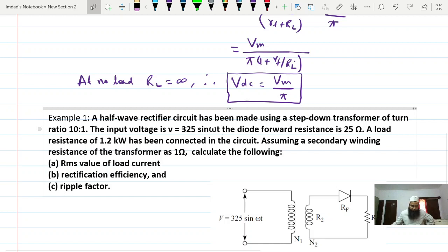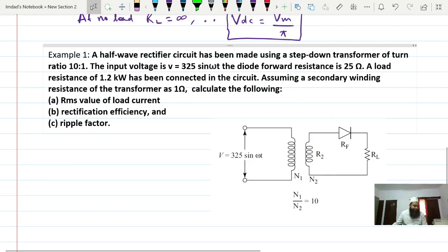A load resistance of 1.2 kilo ohm has been connected in the circuit. Assuming a secondary winding resistance of the transformer is 1 ohm, calculate the following: RMS value of load current, rectification efficiency and ripple factor. Now we can solve this problem.